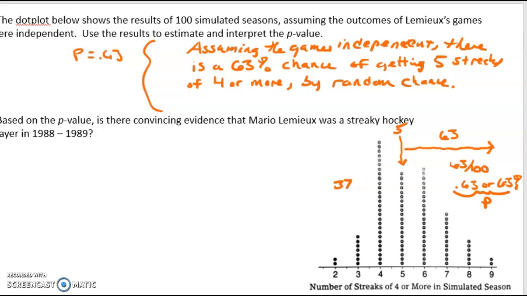All right, so based on the p-value, is there convincing evidence? So there we go. Since p is greater than, you know what, hang on a second, I don't like doing that. I like being specific. Okay, since our p-value, so since 0.63 is greater than 0.05, random chance is still very much possible.